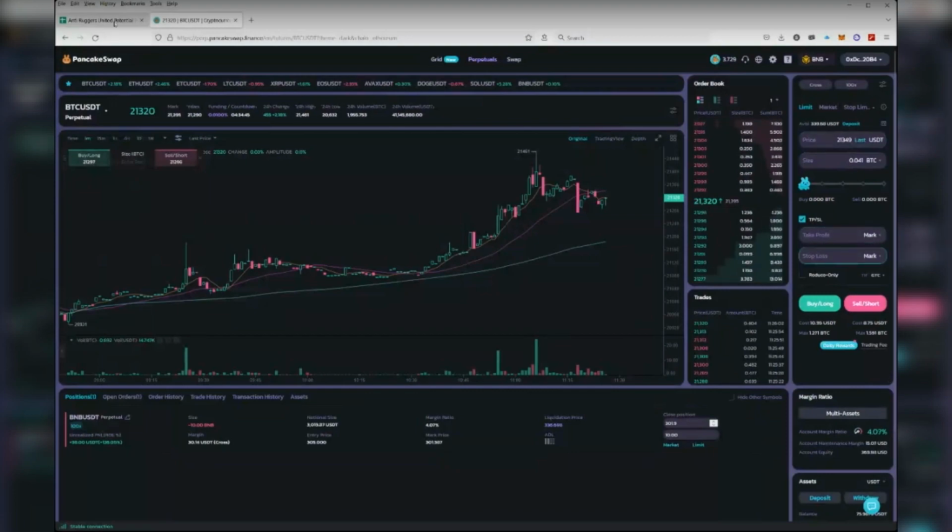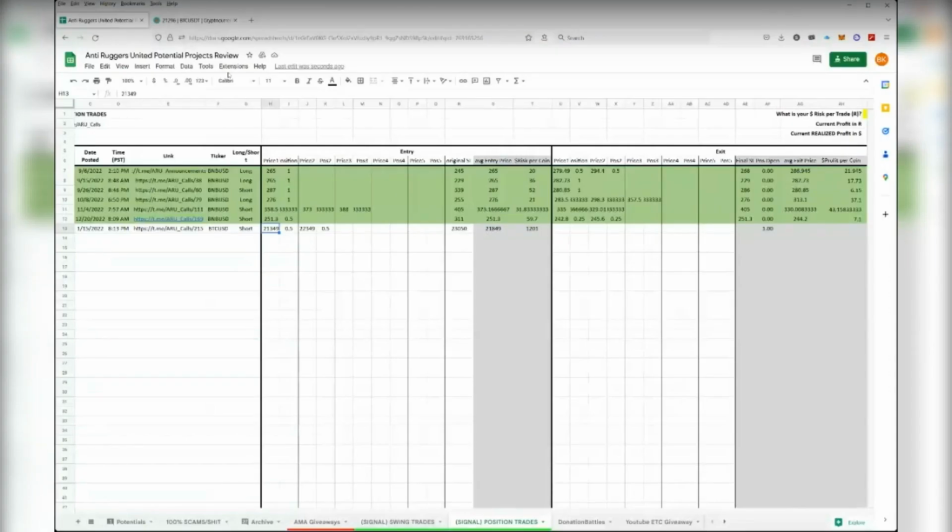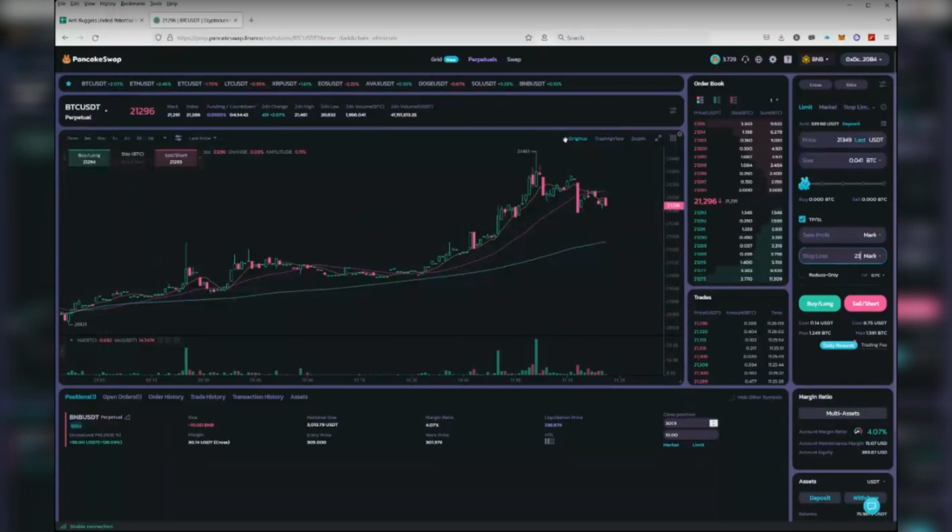Stop loss was 23,050. I do a sell short. Let's see, everything correct. 21,349, 0.041. Sell short.